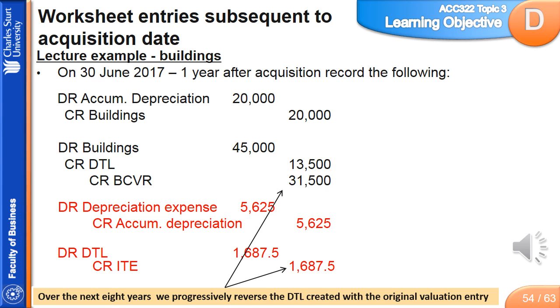But yeah, that's what the deferred tax liability deduction is doing there. And I guess the same applies with this depreciation expense. That's reducing the portion, the $45,000 portion that has increased, is the increase to fair value. That's progressively been decreased over the next 8 years as well via each depreciation expense adjustment.